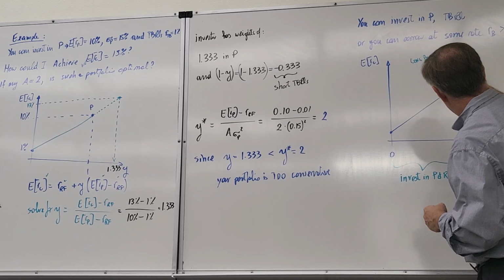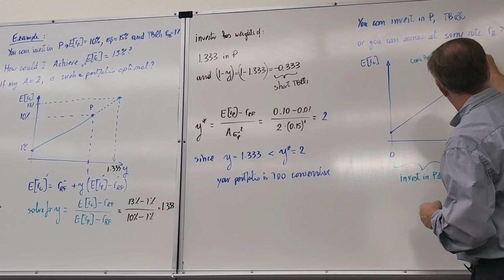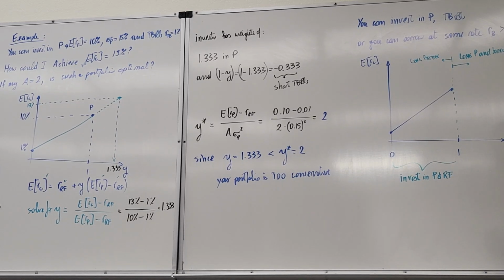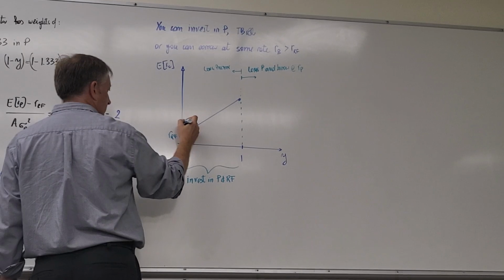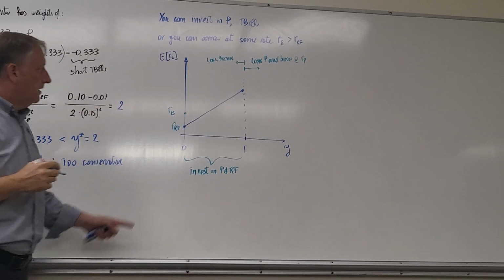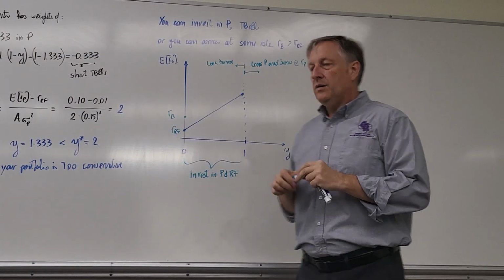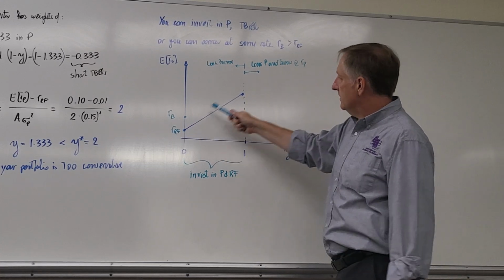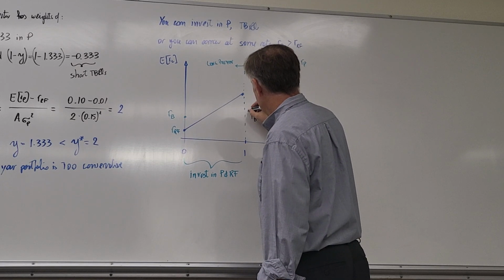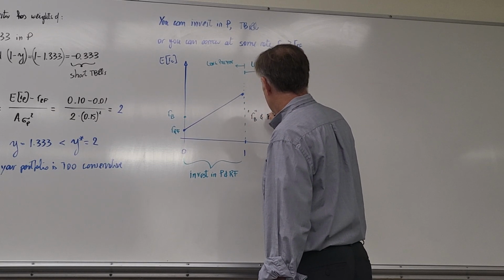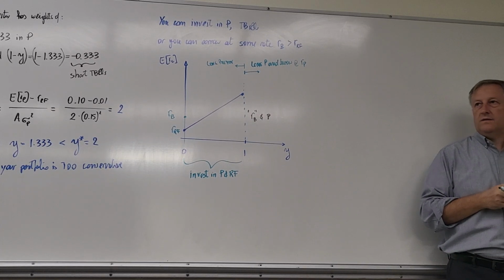But past this point, I'm long in P and borrowing. So if this is the risk-free rate, and this is the borrowing rate, when I'm on this part right here, my portfolio is no longer composed of T-bills and P, but here my portfolio is composed of RB, the loan, and P. Does it make sense?